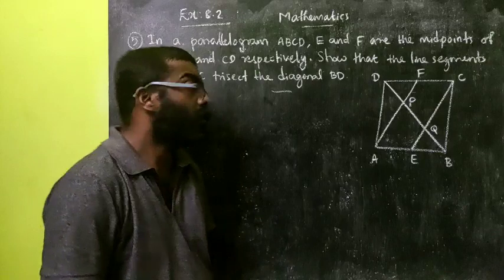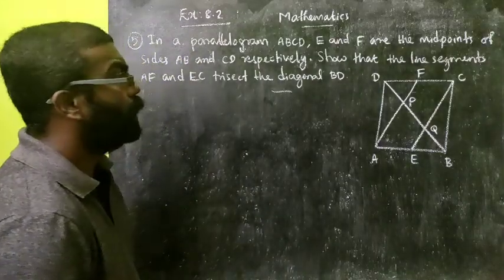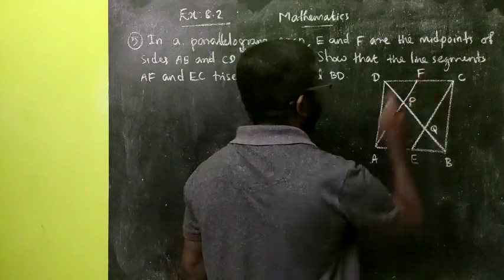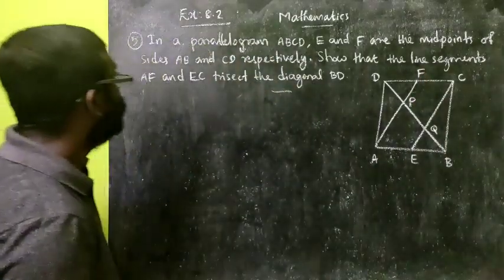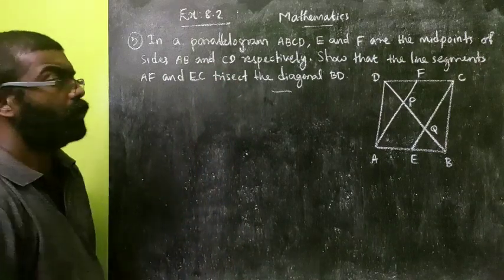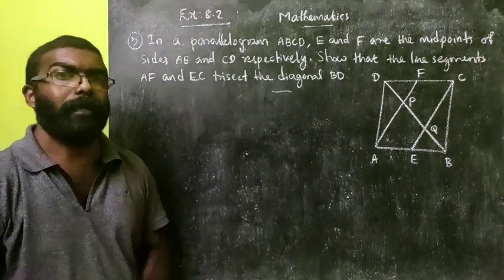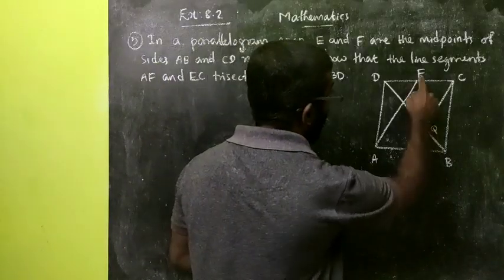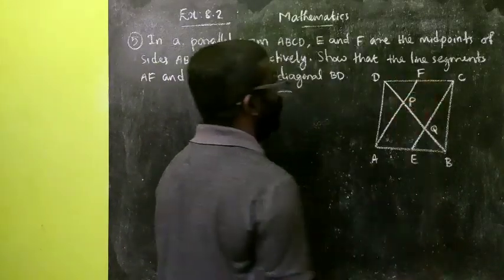Here the next question is, in a parallelogram ABCD, E and F are the midpoints of sides AB and CD respectively. So ABCD is a parallelogram in which E is the midpoint of AB and F is the midpoint of DC.